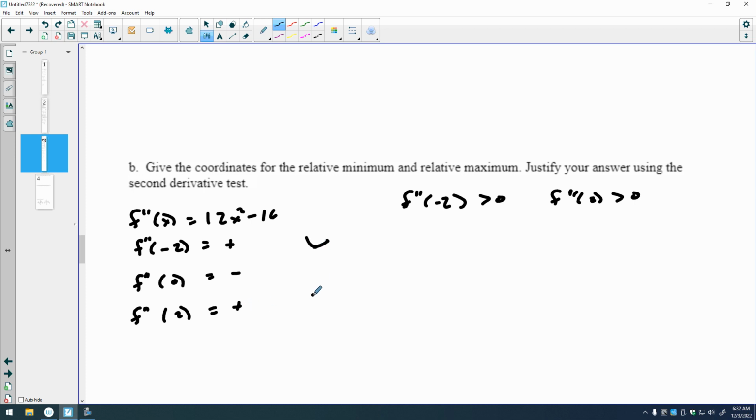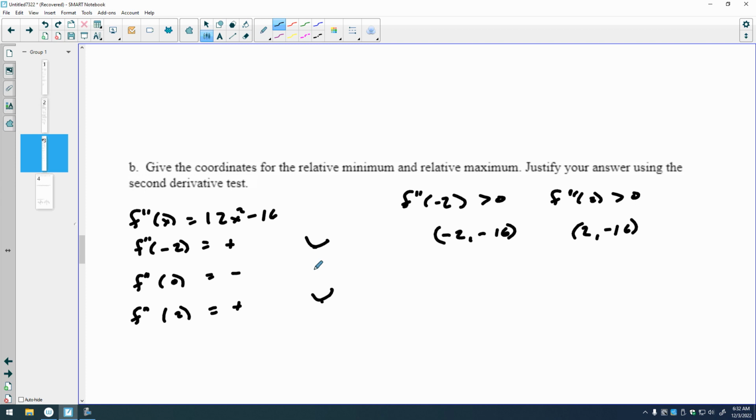At 2, it's concave up, this is a relative minimum. One more time on the verbiage. By second derivative test, since f double prime of -2 and f double prime of positive 2 are both positive, they're both greater than 0, then -2, -16, and positive 2, -16 are both minimums.